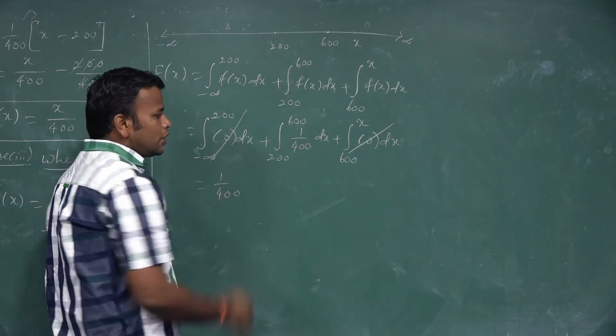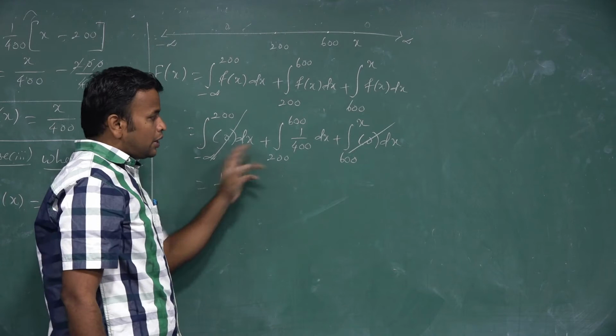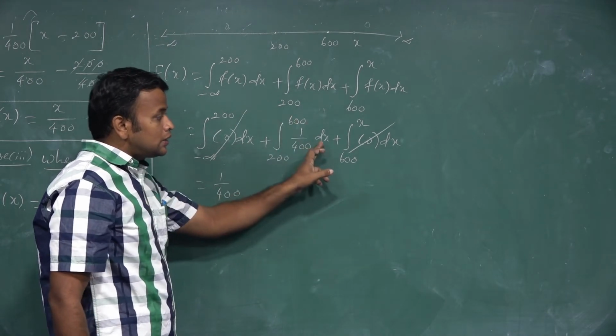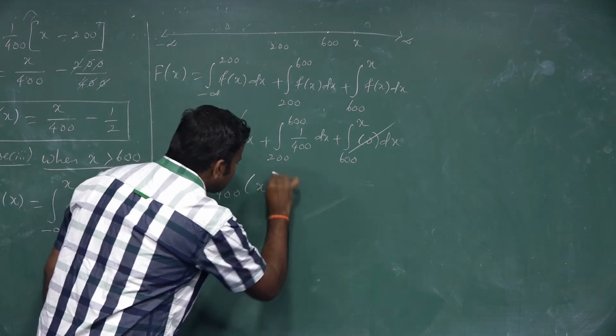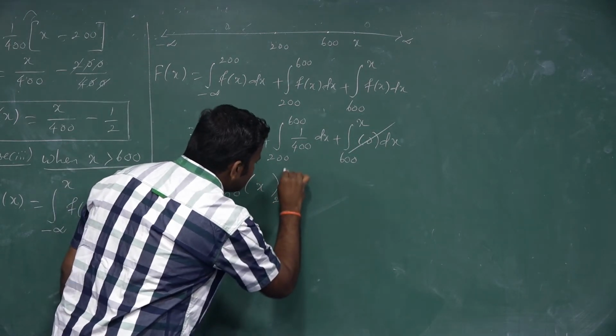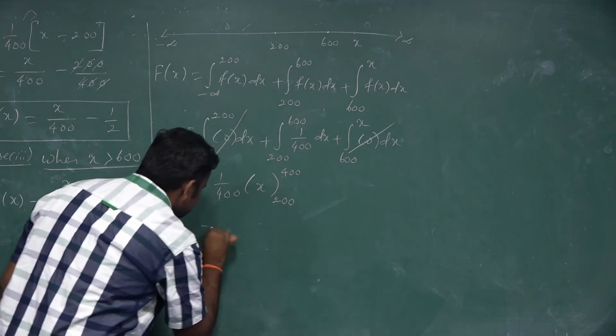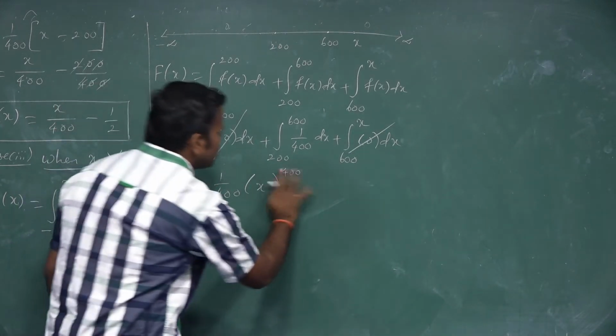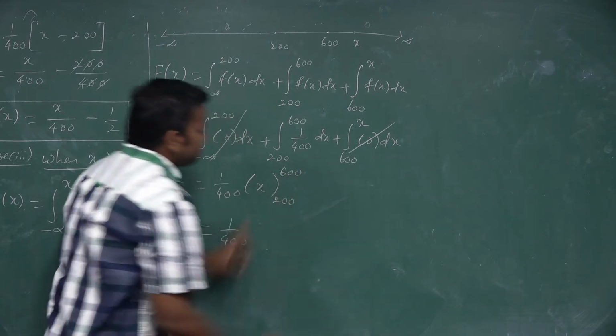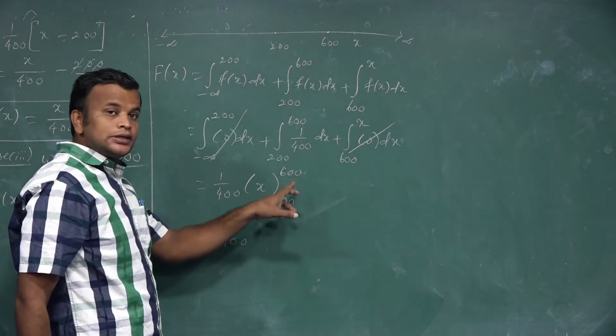I take 1 by 400 outside. The remaining integral is 200 to 600 dx. The integration of dx is x, with limits 200 to 600. Lower limit 200, upper limit 600.